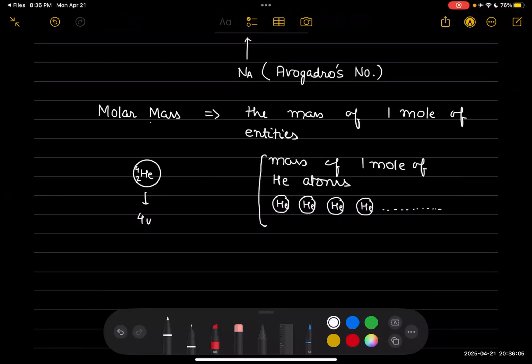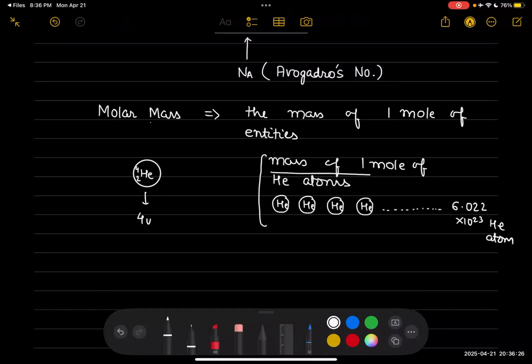I can't draw them. I would need many billion years to stay alive to draw all those helium atoms. How many are there? 6.022 into 10 to the power 23 helium atoms.